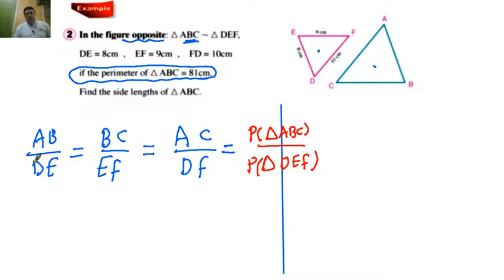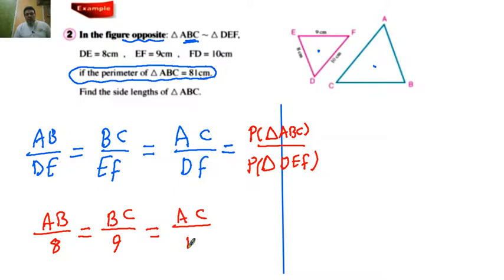Then we substitute: AB, missing, over DE equals 8 centimeters; BC, missing, over EF equals 9 centimeters; AC, missing, over DF equals 10.